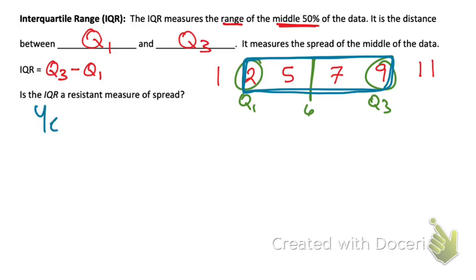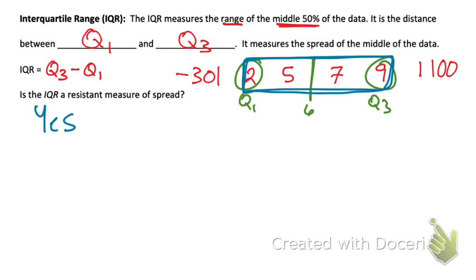Yes, it's very resistant, in fact. You know why it's resistant? I'm literally cutting off the outside 25% when I'm finding the IQR. I'm looking at the middle 50% of the data. This outside 25% of data has no effect on it. None at all. So that number could be 110 or 1,100. This could be negative 301, and it doesn't matter.